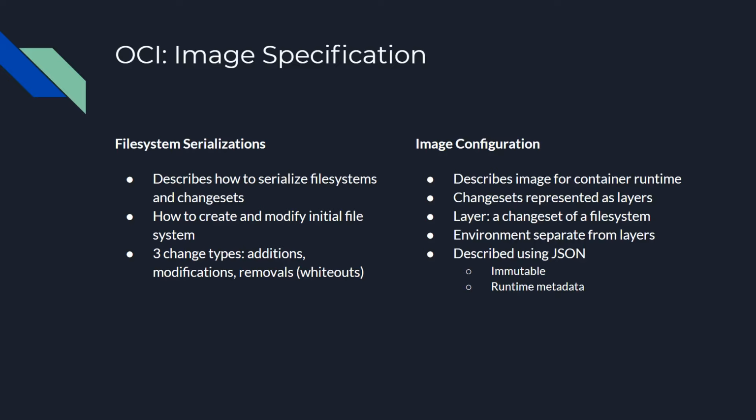Your second layer would be adding in some basic C libraries, and your third layer would be adding in your application itself on top of those tools. And then the configuration and the image manifest, which is not listed on this slide, are going to be just general metadata about the container, or sorry, about the image. For instance, the layers that help comprise the file system, how it was archived up, and so on.